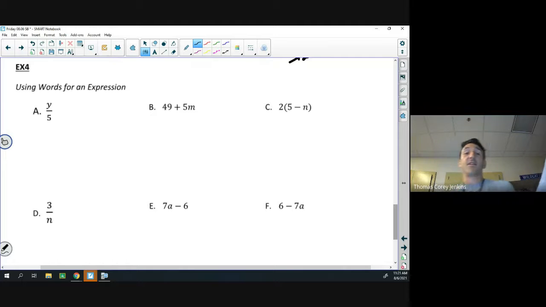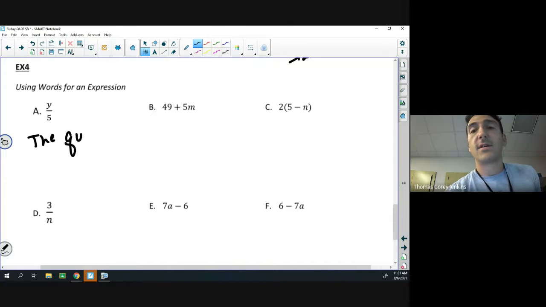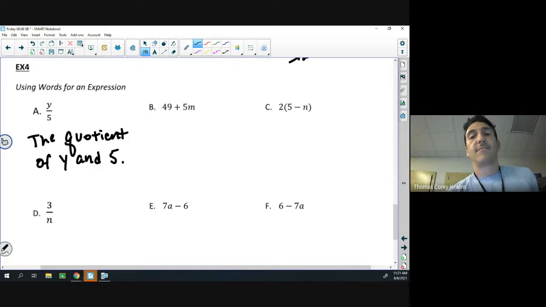So I'm going to get a volunteer for A. What's a way we could use words to write out A? Let's hear from Leighton. The quotient of y and 5. Leighton, I feel like I read that directly out of a math book. Nice job.